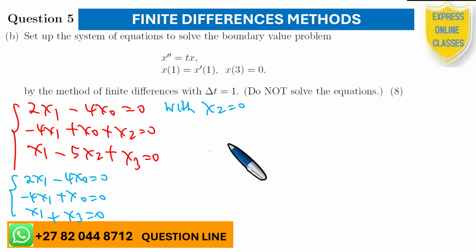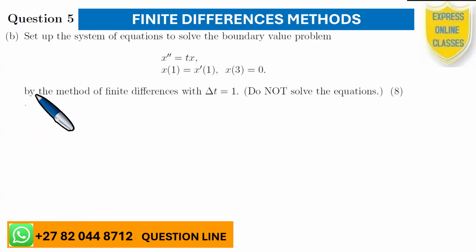Okay, we need to solve this system. Then we must find the values that we want. So we have, therefore, 2x1 minus 4x0.